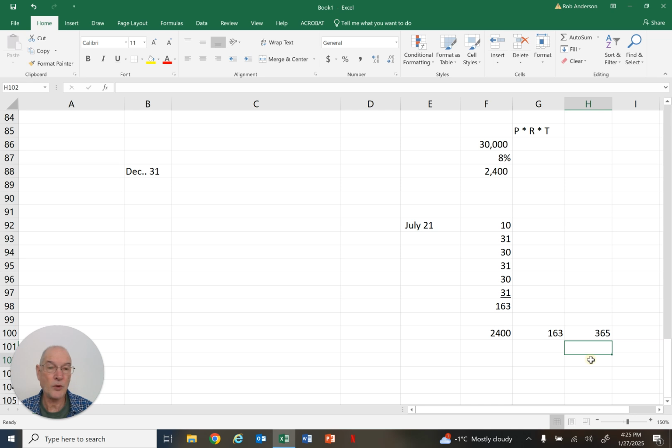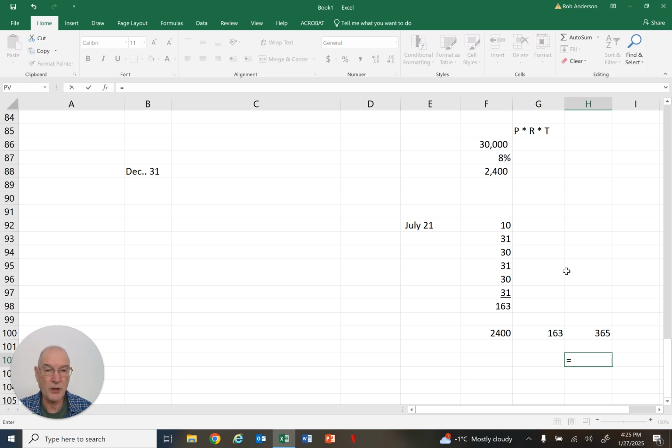So what we're going to do then is note that the T in the PRT interest formula is time. And because the rate is a year, time is specifically what part of a year? Well, the part of a year is 163 days out of 365.